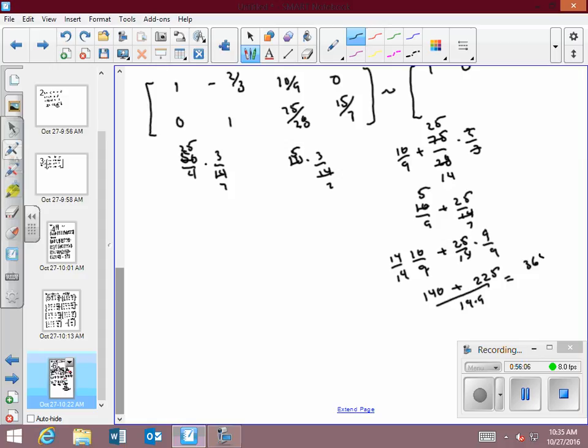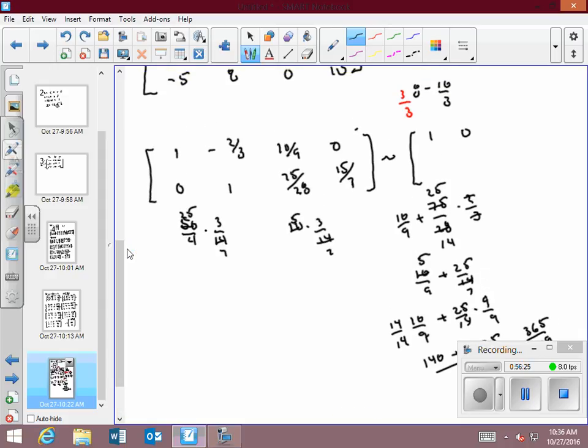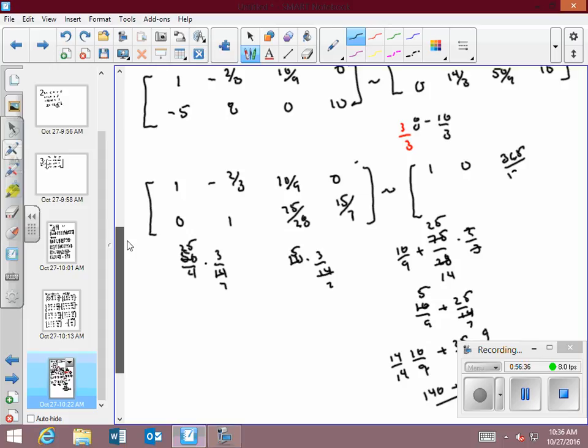365 over 14 times 9. Now, does that sucker divide out? There's no common 3s, there's no common 2s or 7s, is there? Oh boy, that's pretty awful. So that's 365 over what? I hate this problem.